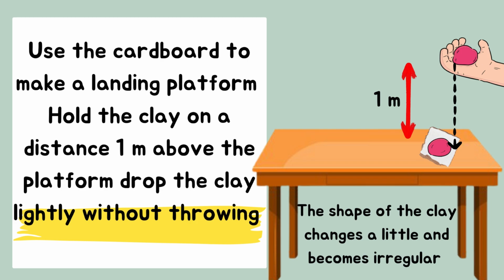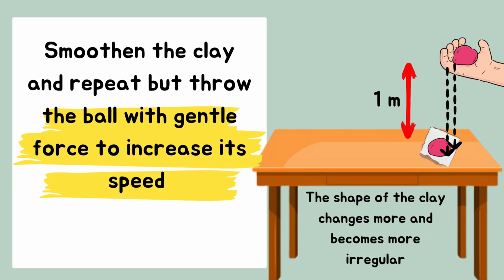We will repeat this step again and again. We will smoothen the clay and make it round as it was, and repeat this by throwing the ball with more force than the first one. The first time we dropped the clay lightly; here it is thrown with more force.